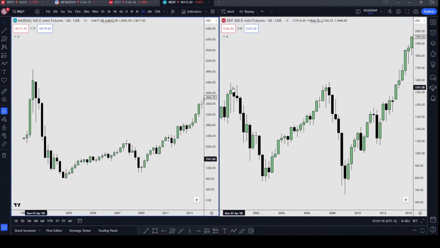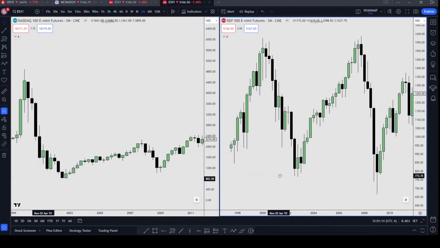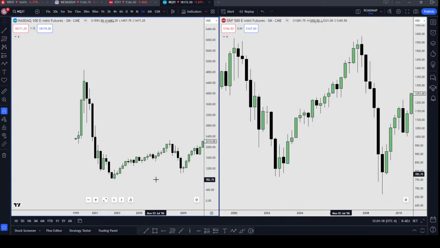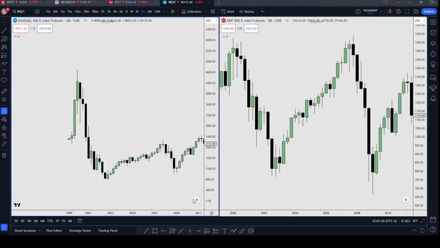From this high, okay, from this high, basically, hold on a second, this is the 2008 crash, okay, after the 2000 crash, right? But if you take a look at the overall picture, it's basically accumulation, right? So let me just mark it out.